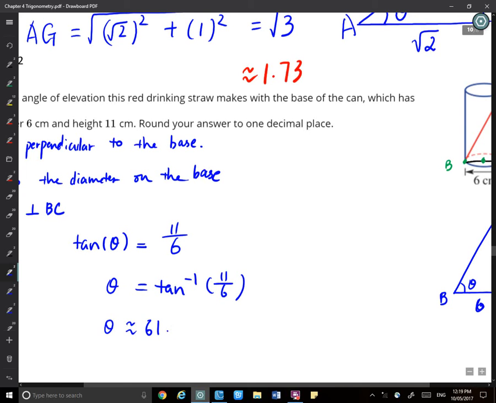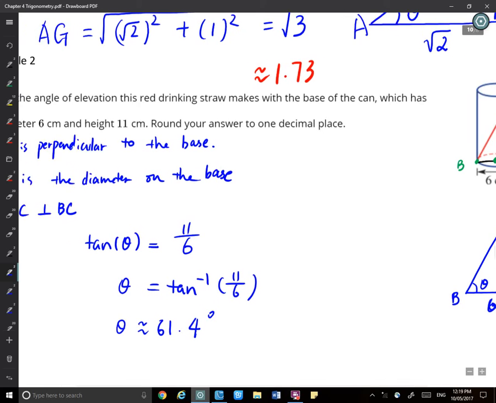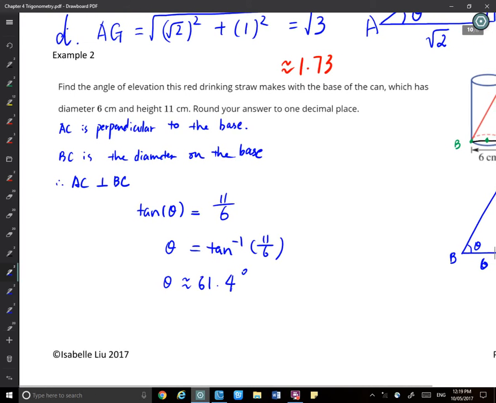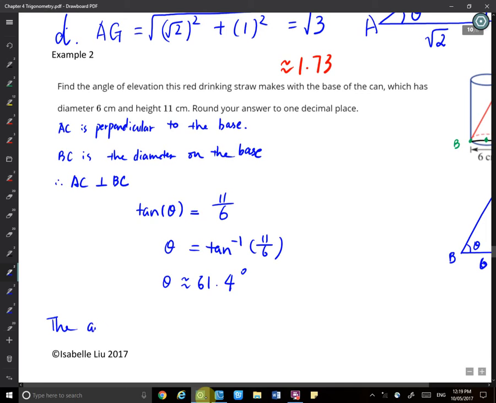To 1 decimal place, so 61.4 degrees. So the angle of elevation is 61.4 degrees.